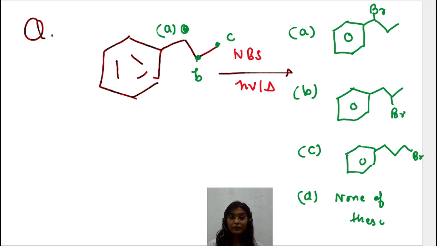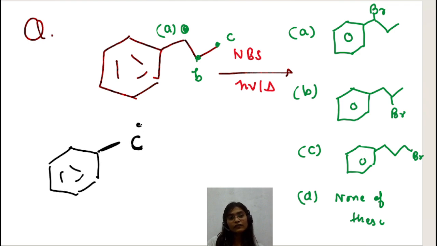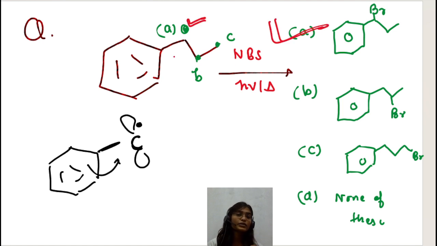We have covered this many times: if there is a benzene and this carbon has a radical, it is an electron-deficient point with a vacancy, so it can participate in resonance. We know allyl radical and benzyl radical are very important. So A is the correct answer here, because this radical is more stable. Make a note: allylic and benzylic radicals are very stable.